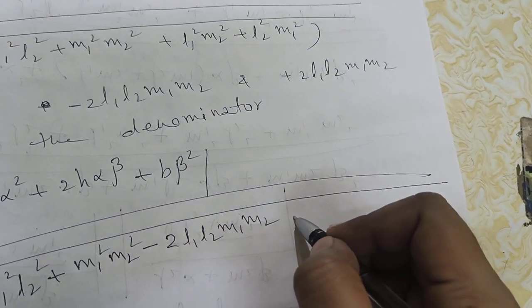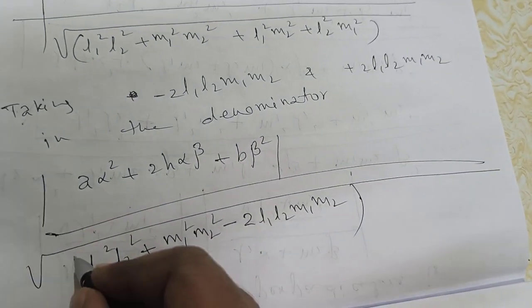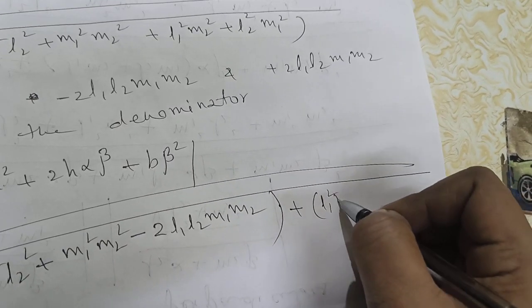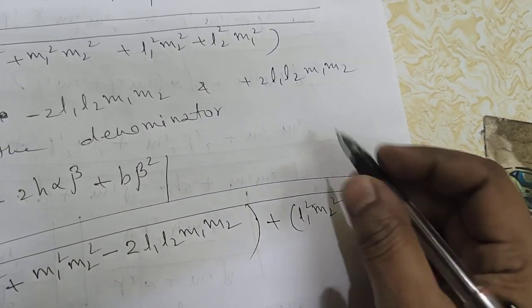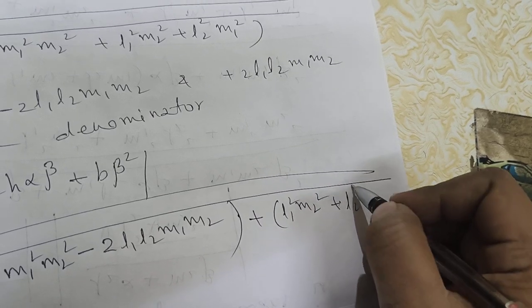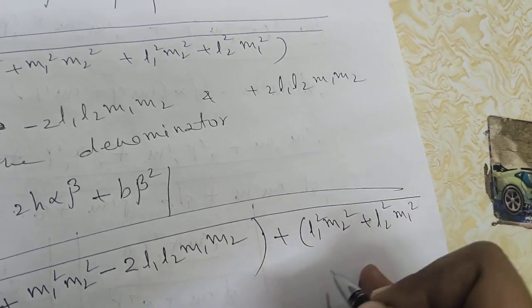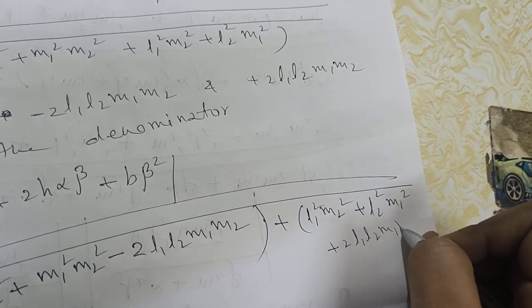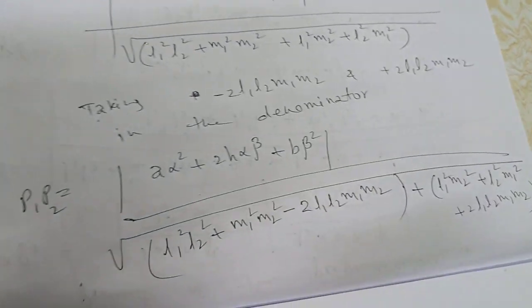Next we have to write this term in one bracket: plus second term l1 square m2 square plus l2 square m1 square plus 2 l1 l2 m1 m2.